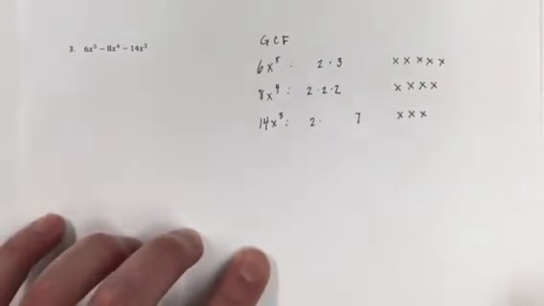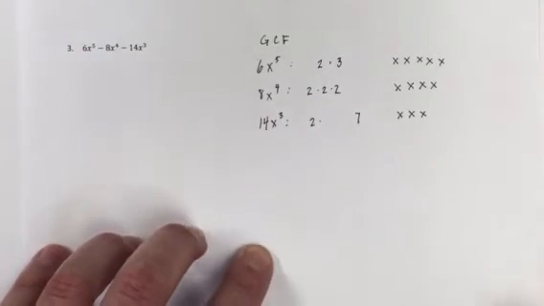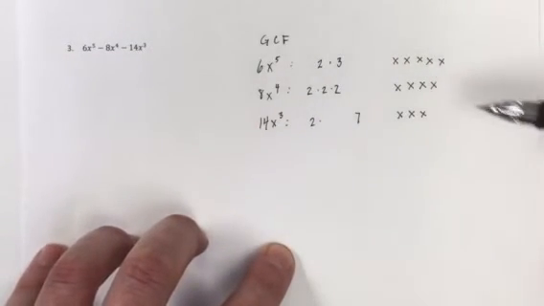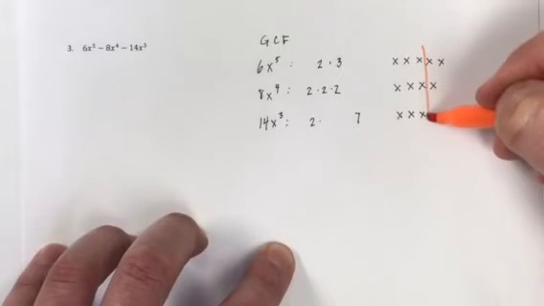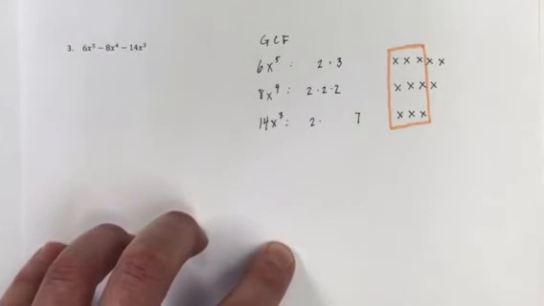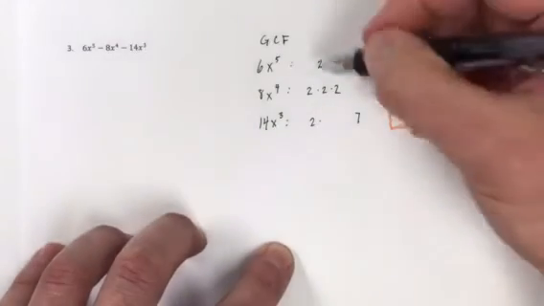Now again, one of the most common misconceptions is because we call this the greatest common factor, we see 5 x's here. And it doesn't mean greatest number of x's, it means the greatest number in common. And so if you look very carefully, in common, they only have 3 x's. Okay?